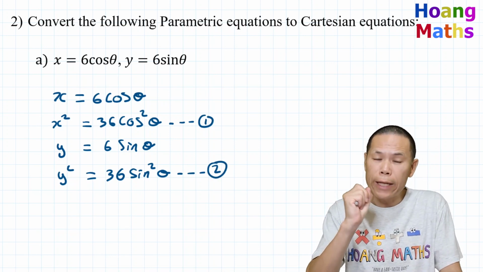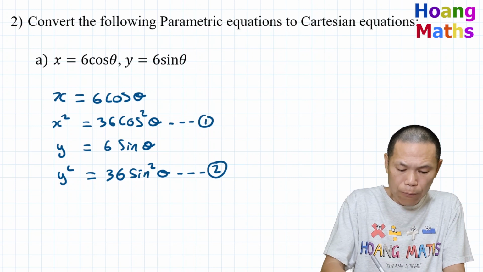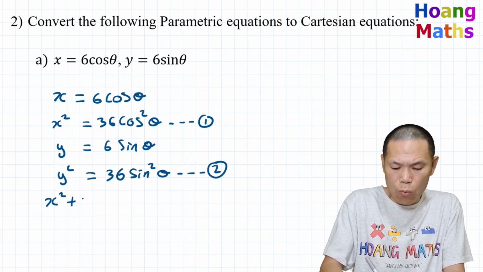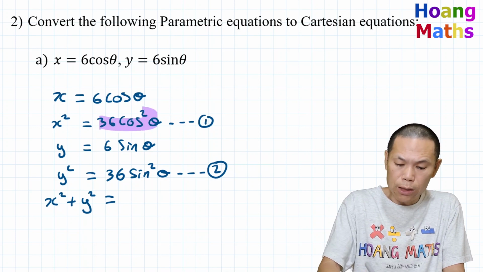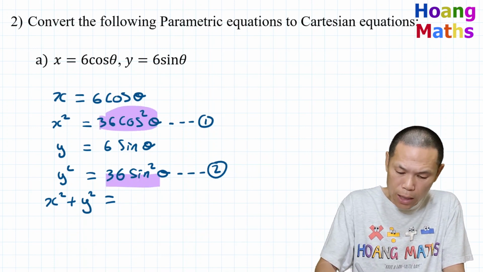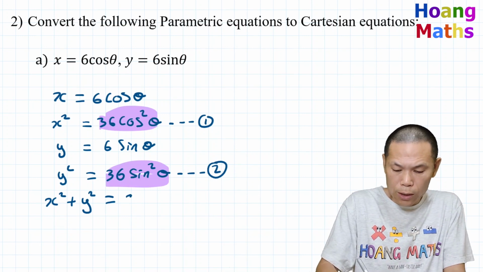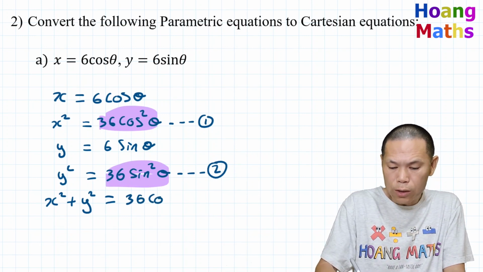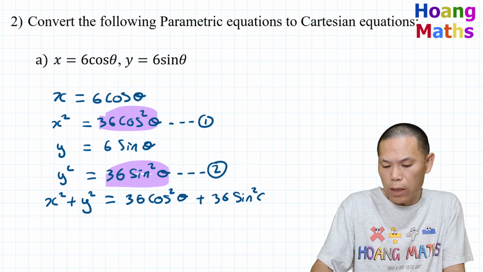Now if I add both equations together, on the left hand side we have x squared plus y squared, which is equal to 36 cos squared theta plus 36 sine squared theta.